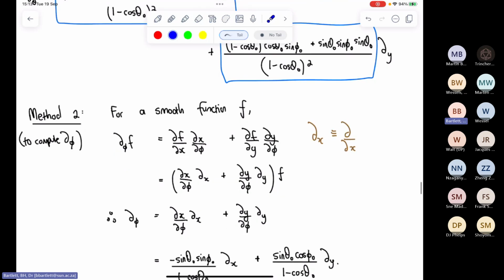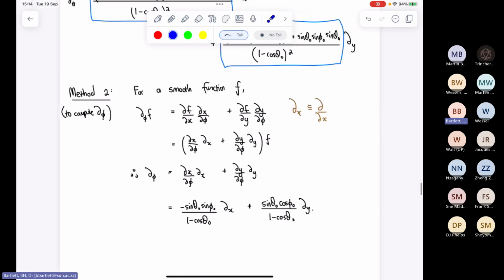Okay, so that tells me that to calculate del phi, I must calculate the partial derivative of x with respect to phi. That'll be the component multiplying del x. And the component multiplying del y will be partial derivative of y with respect to phi. So then I can just calculate that there. Good. Okay, any questions about this calculation? It's a nice little calculation of the kind that you need to be able to do.